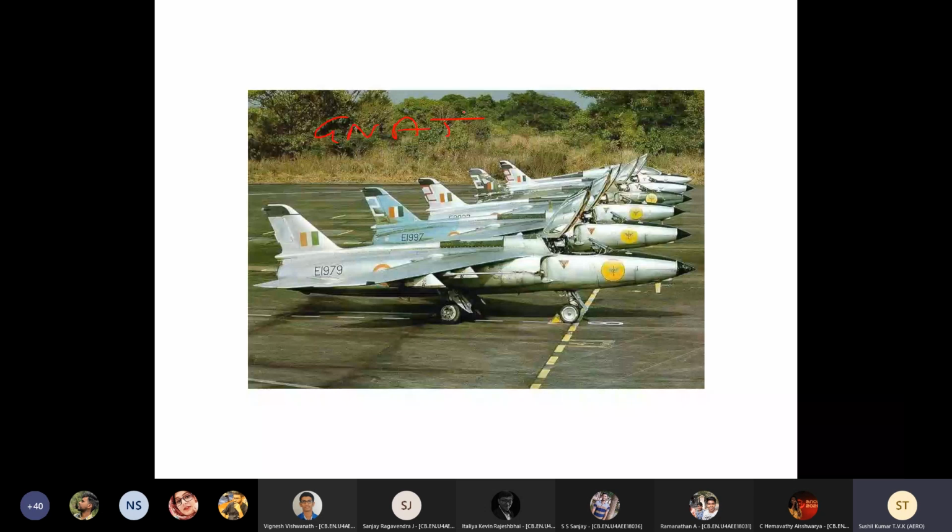So someone wise enough took this decision and said, okay, let's go for slower aircraft, but better maneuverability and low cost. So there were no takers for this Gnat. So that wise man convinced the government that let's build it in India itself. And HAL started producing it in mass.